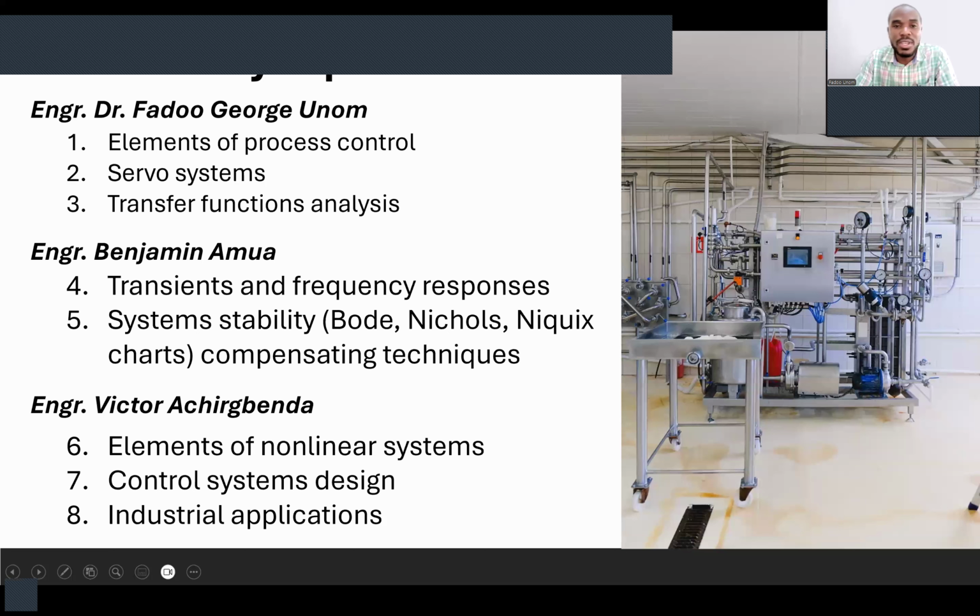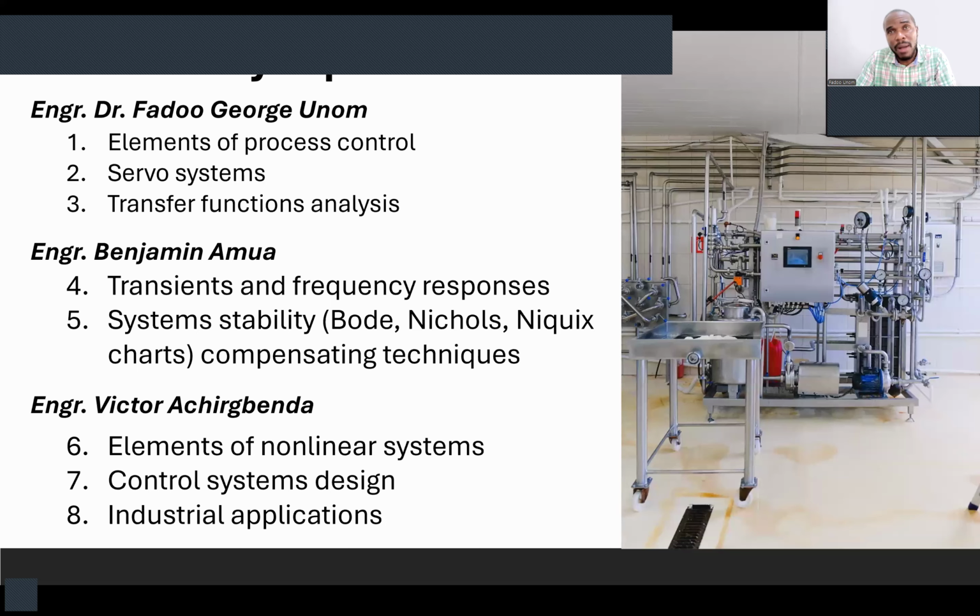Now, a few things very, very quickly. Control engineering and automation is a very calculative course. There's a lot of mathematics in it. In fact, at some points it would be as though you were doing just mathematics.